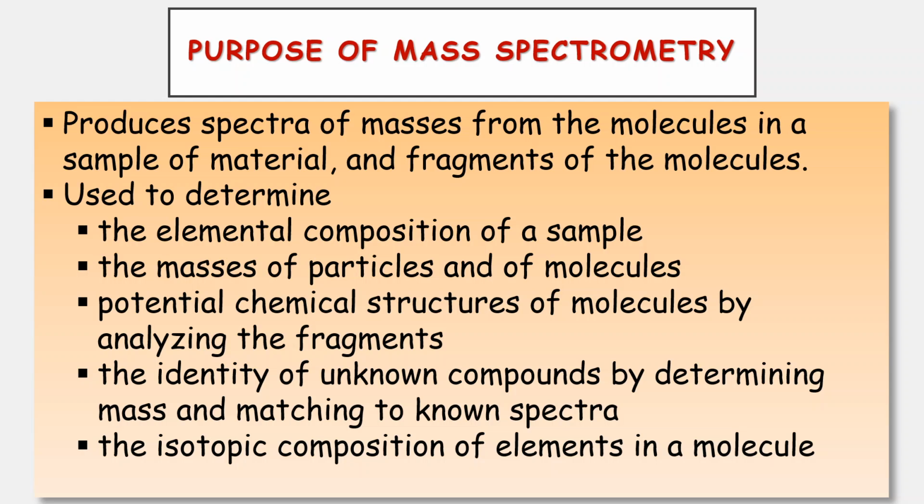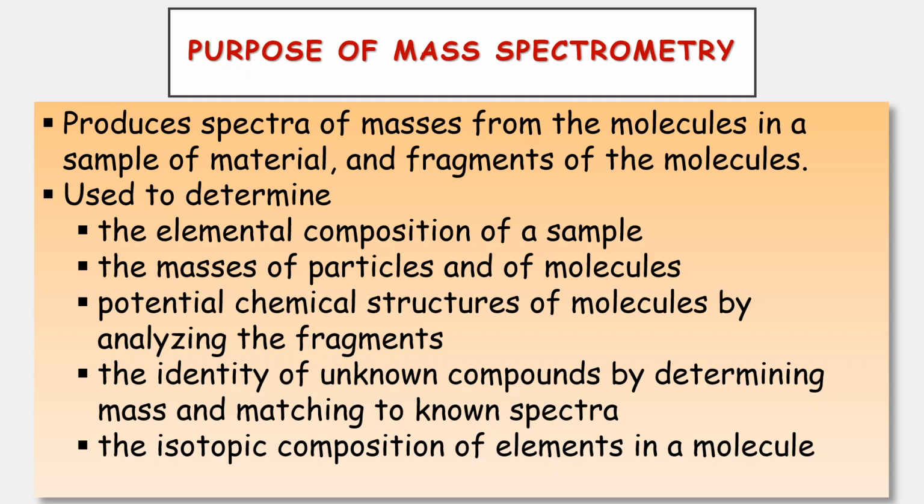By using mass spectrometry, you can determine potential chemical structures of a molecule by analyzing the fragments that get produced in that spectra. When you start looking at compounds and molecules and large substances like that, if you have an unknown sample, you can run it through a mass spec machine.